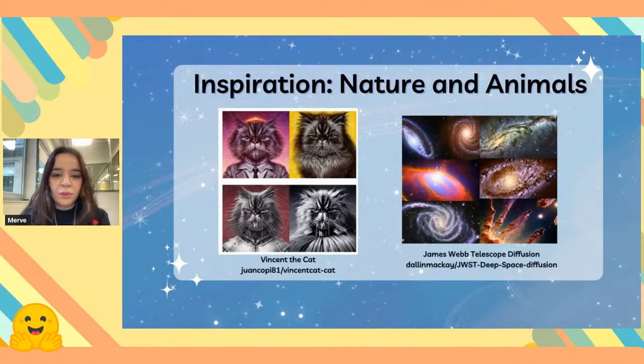And a couple of inspirations. For instance, the first one is someone trained it on their cat. And the second one is the one I have just mentioned for nature category, James Webb Telescope diffusion, with which you can generate new galaxies or other space images.